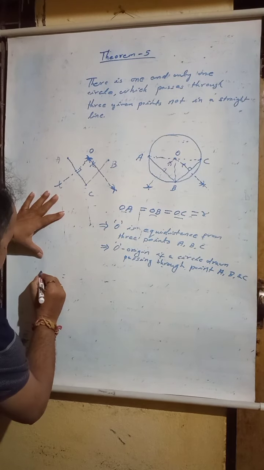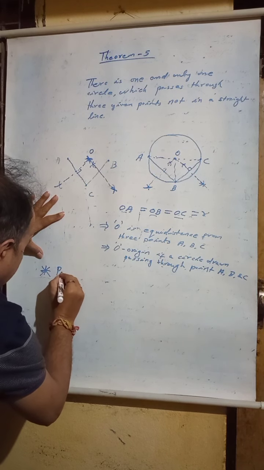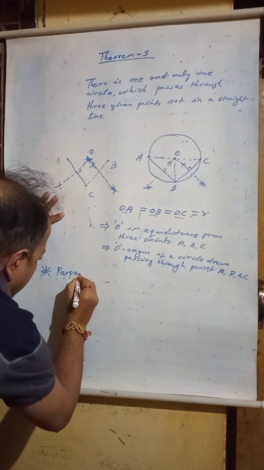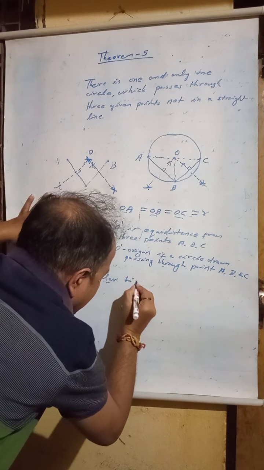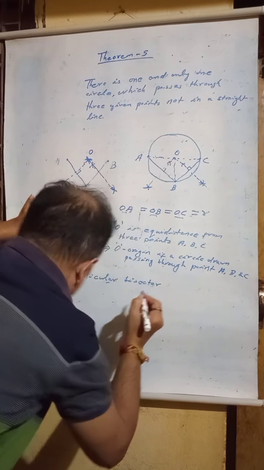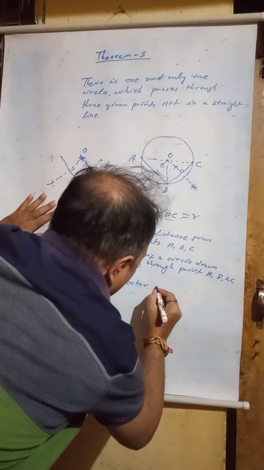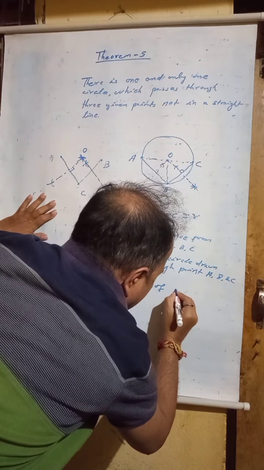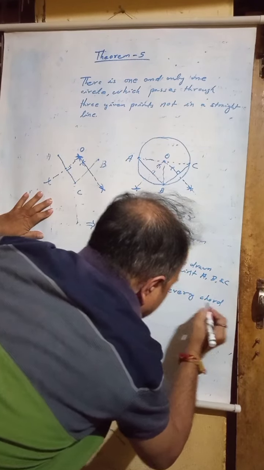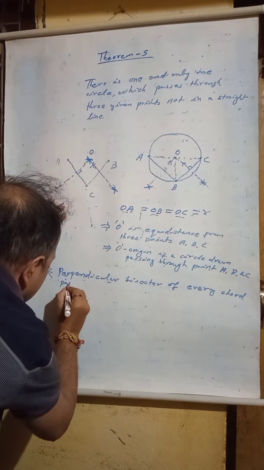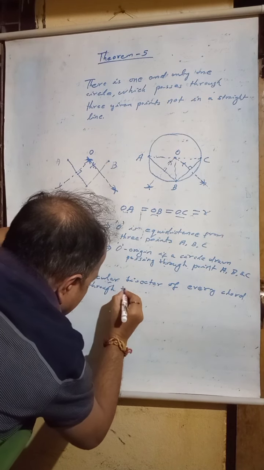From here, there is one note you can note down: the perpendicular bisector of every chord passes through the center of the circle.